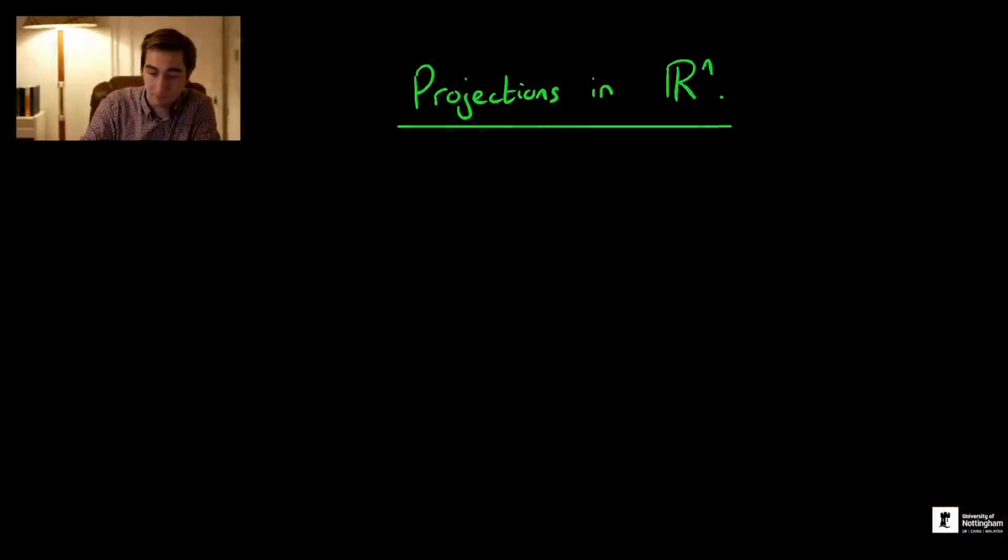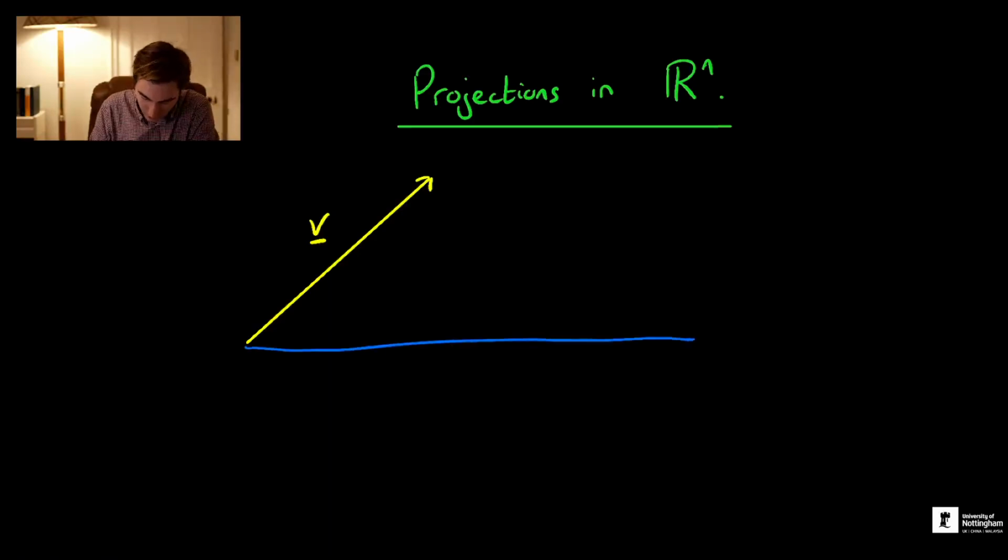So what do I mean by that? Well, what's quite useful here is to draw a picture. So let's consider a picture in R2 because that's what allows us to draw this geometric idea. So let's take one of our vectors as this yellow vector here, say. Let's say we call this vector here v. And suppose we've got another vector that I'll draw along here, we'll call this u.